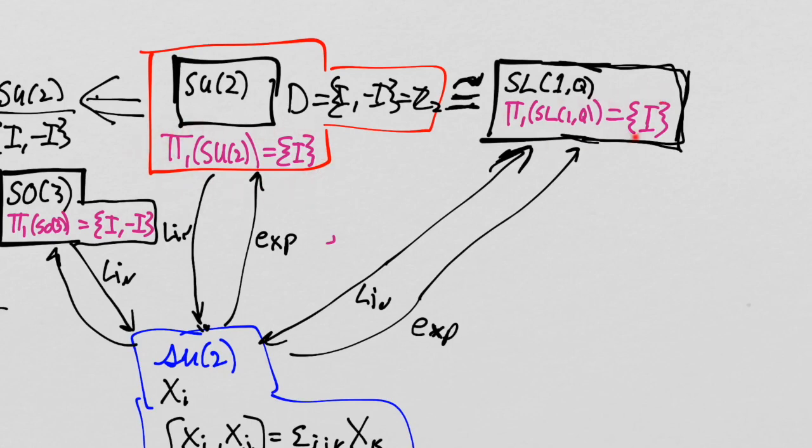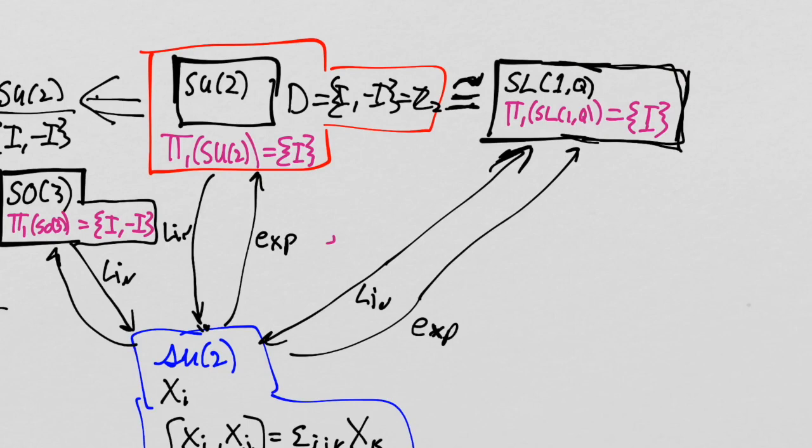There are many instances where groups that are simply connected are not homeomorphic. If they did not share the same fundamental group, you would know that they were not homeomorphic. The fact that they do share the same fundamental group suggests it's possible they're homeomorphic, but you've got to find the homeomorphism. And indeed, SU2 and SL1Q are in fact homeomorphic.